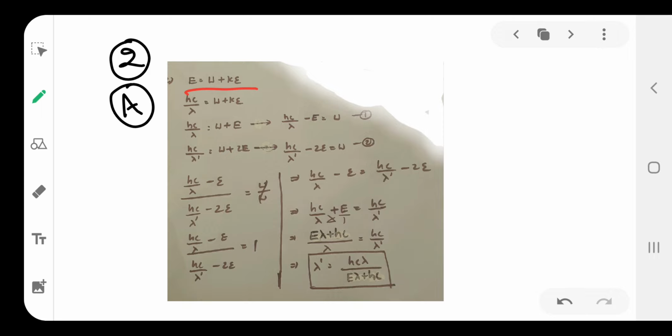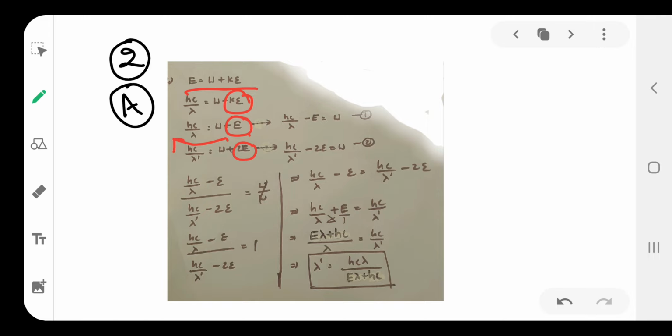Then here the kinetic energy is E, so we have to substitute it: in place of K.E. we write E. Then hc by lambda is equal to W plus E. Then the kinetic energy increases here, from E to 2E. So if the kinetic energy is taken as E based on the problem, then in hc by lambda, this plus E when it comes to this one side becomes minus E.